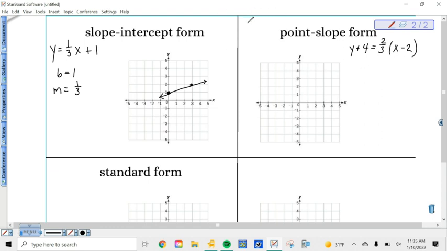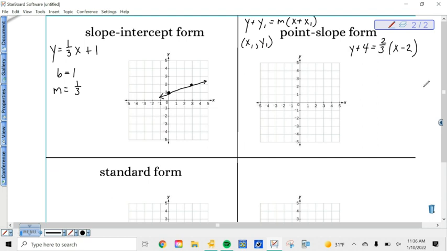So remember point-slope: y minus y1 equals m times x minus x1, where m is my slope. But what's x1, y1? It's 4 and 2?